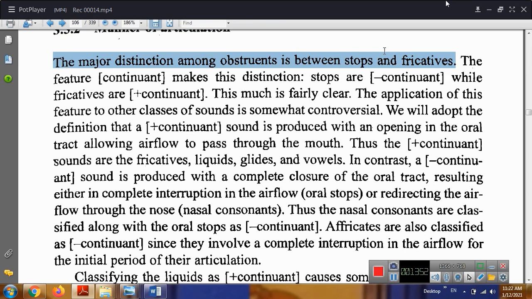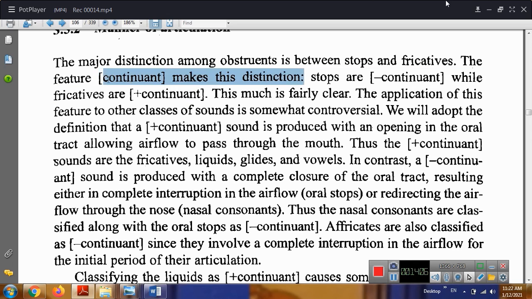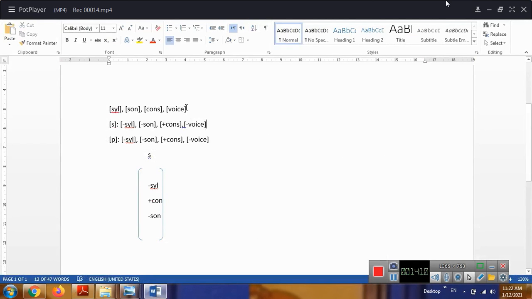The feature continuant is another feature according to which we can describe the sounds and make this distinction. Therefore, I should add the continuant feature, which I abbreviate as cont, which stands for continuant.